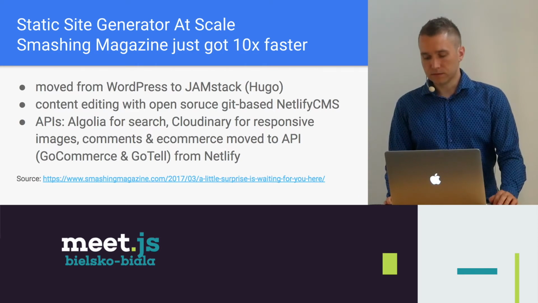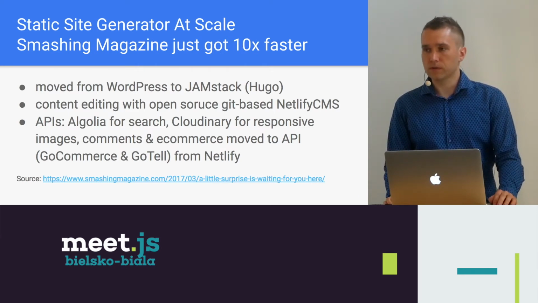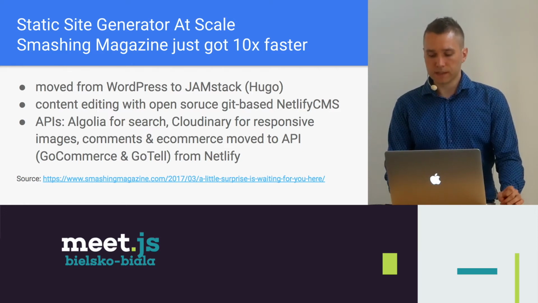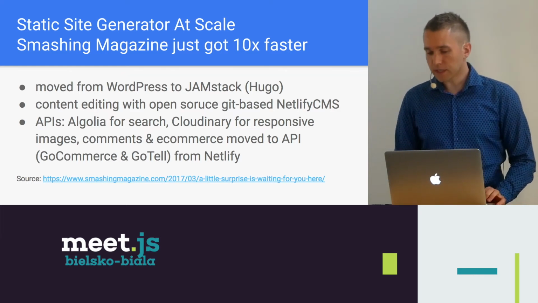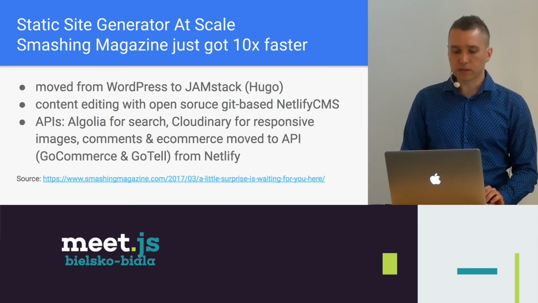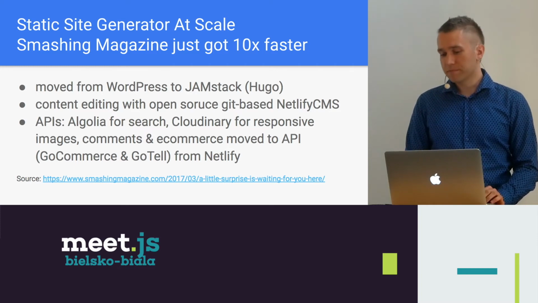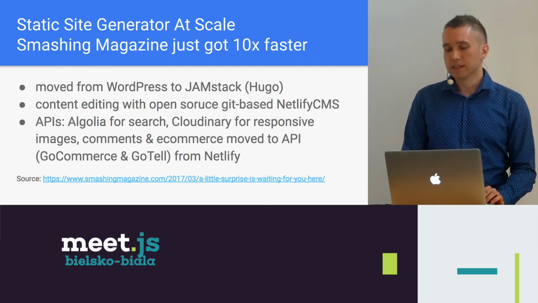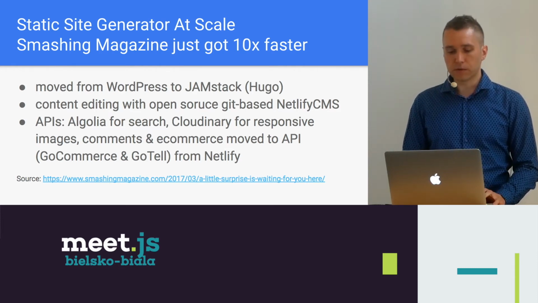Another really good example of migration to JAMstack was Smashing Magazine. They got a really nice result, a website 10 times faster than their previous solution. They moved from WordPress to JAMstack, specifically Hugo as a static site generator. They moved the content editing to the open source, Git-based Netlify CMS, so their content is basically in markup files in Markdown.